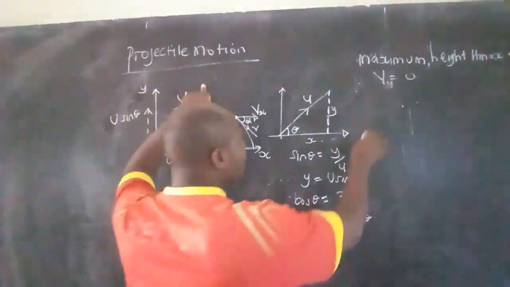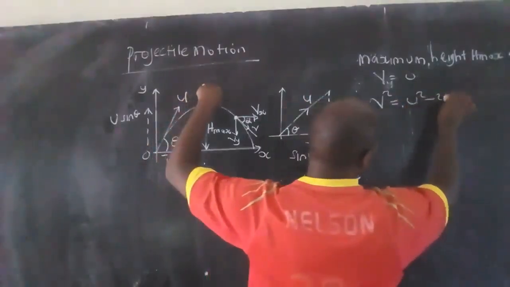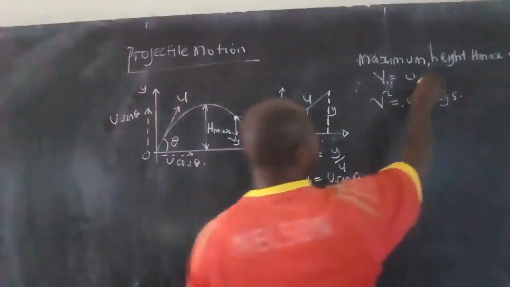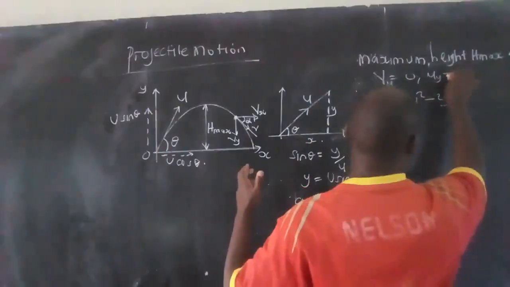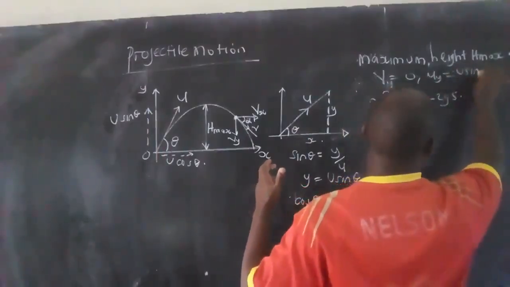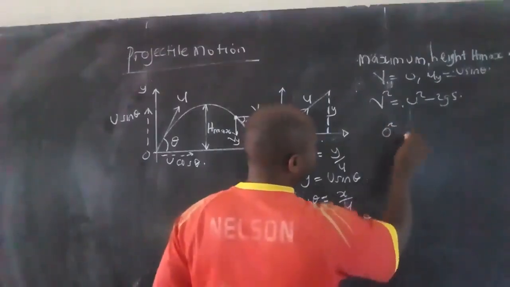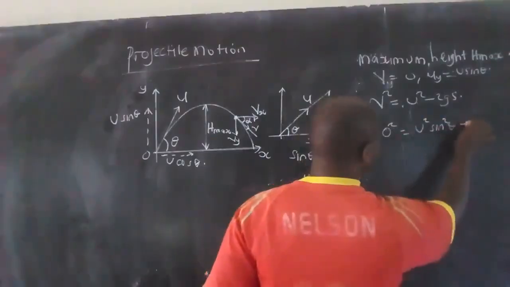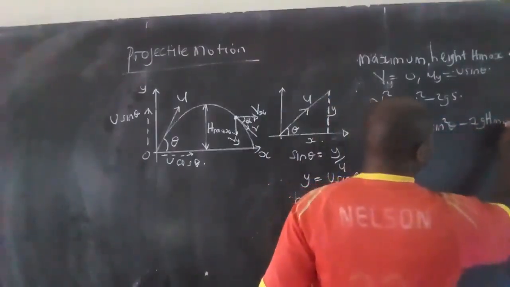So shall we say that V squared is equal to U squared minus 2gs? We substitute. But then our Uy under vertical motion will be equal to U sine theta. So we substitute: 0 squared is equal to U squared sine squared theta minus 2g H max.